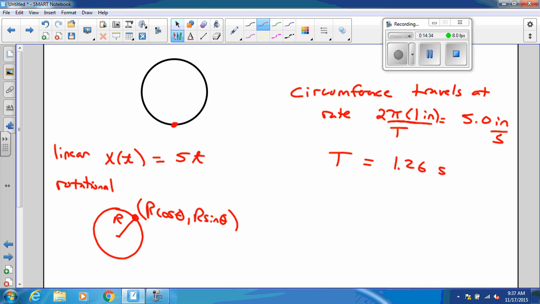Well, that's fine and all, but now, how do I express the angle theta in terms of t? It seems fairly clear that that angle theta is going to be continually changing as my time changes. And it's going to be changing at a constant speed.